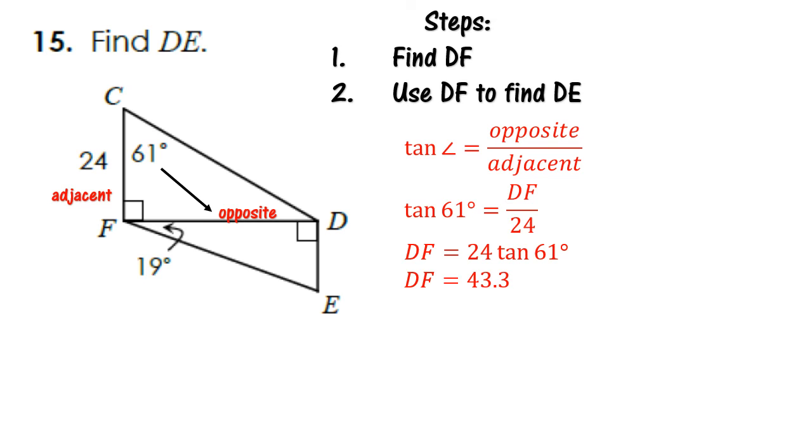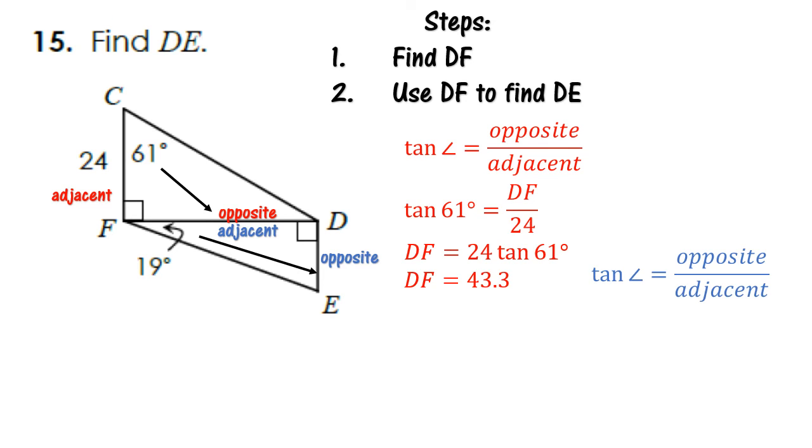Now that I know DF, I want to base everything on that bottom triangle and the 19-degree angle. So across from the 19-degree angle is DE, which is going to now be my opposite. The original opposite is going to become the adjacent because it helps form the 90. First thing I'm going to do, opposite and adjacent is again tangent.